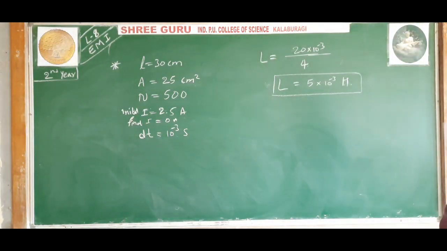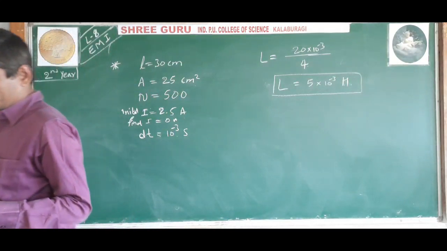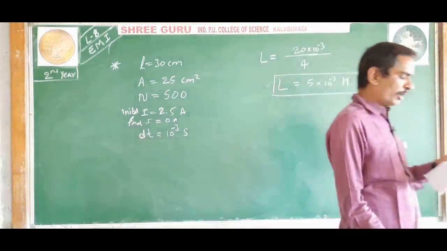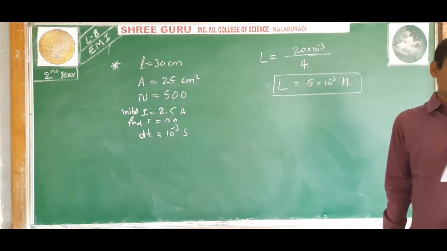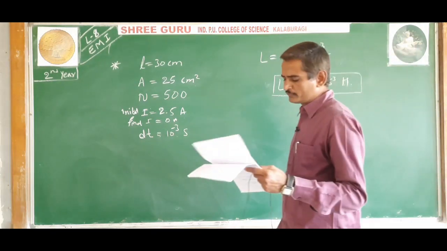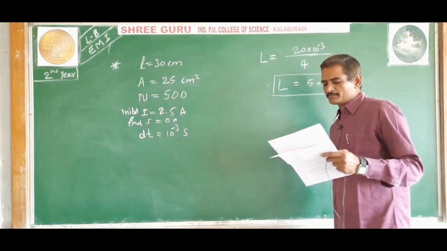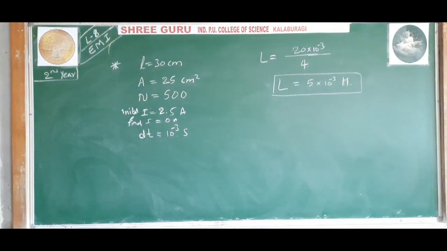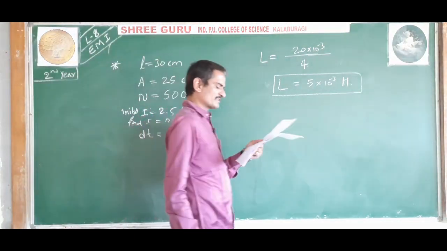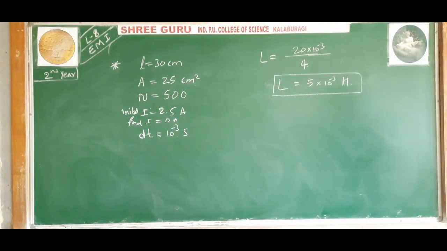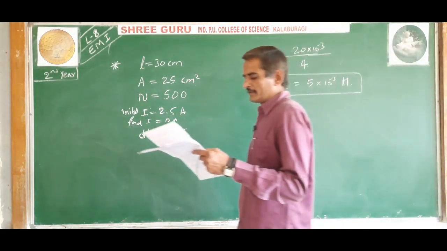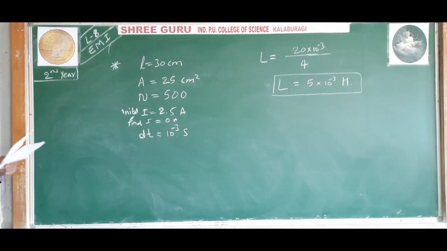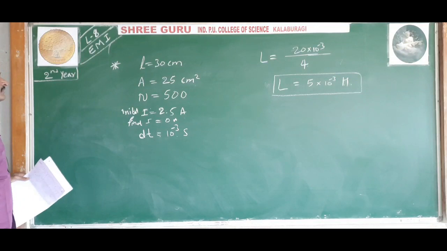How much is the average back EMF induced across the ends of the open switch in the circuit? Question mark. Okay. So if you want, you can draw the diagram.